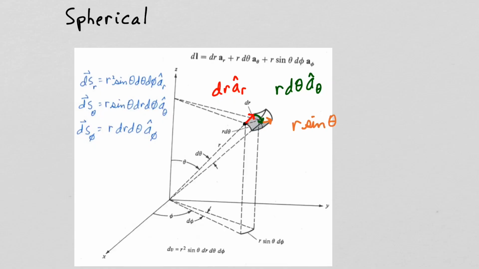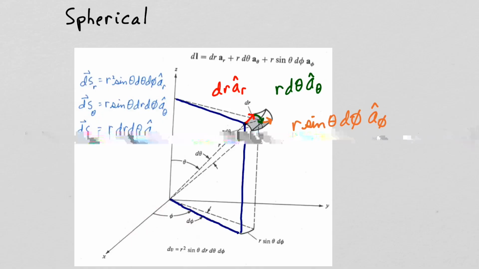To help visualize this arc length, let's look at the phi plane. Here is our plane at phi, and we know one end is always attached to the z-axis, and phi is the angle the plane makes with the x-axis. Now we will increase phi by an amount d phi. So this plane will move from here to this second dashed line here.